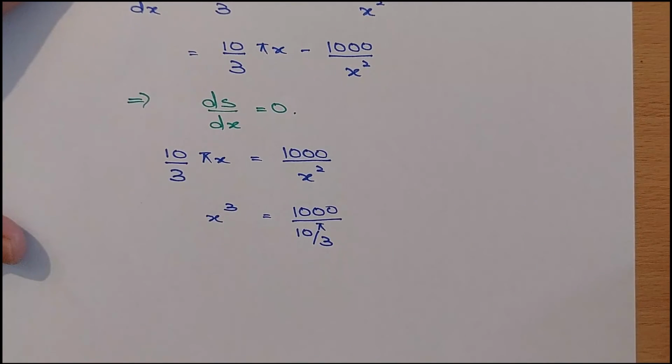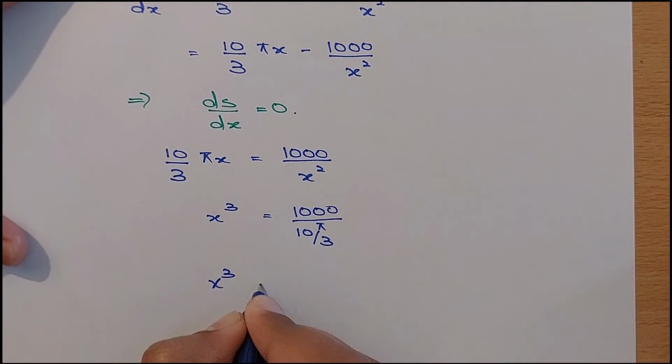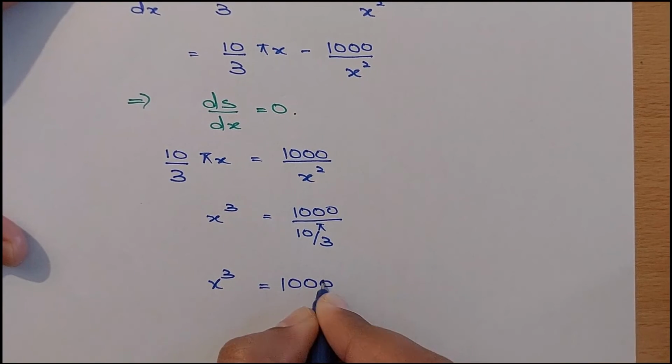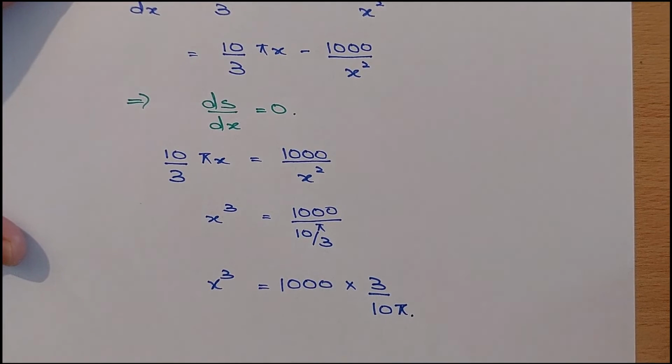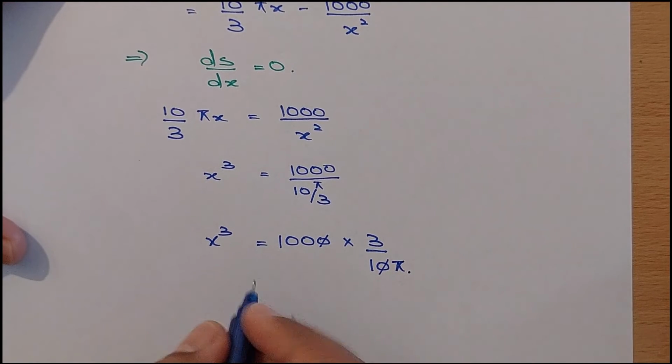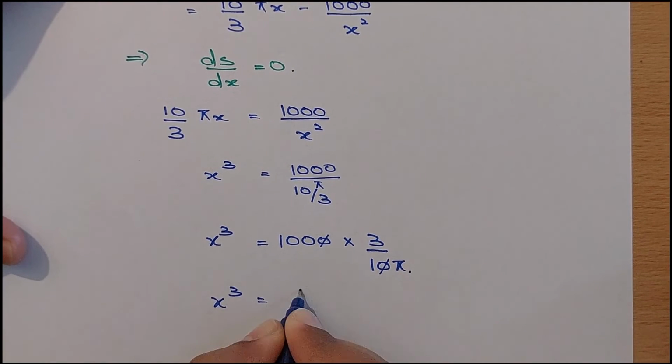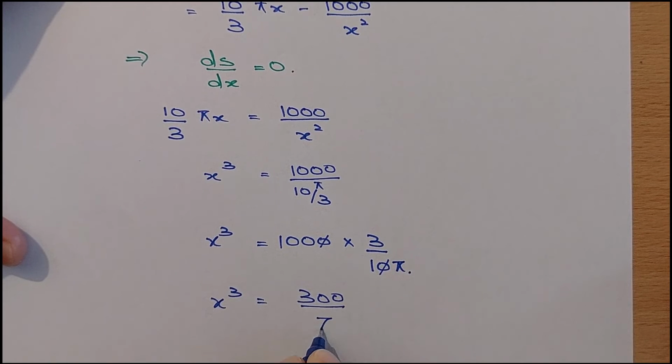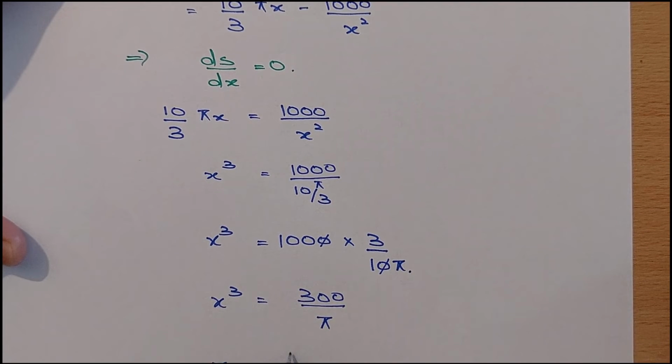And x cube is equal to 1000 times 3 over 10 pi, and 0 is cancelled with 0, so 300 by pi. X cube is equal to 300 divided by pi, and the x value is the cube root of 300 by pi.